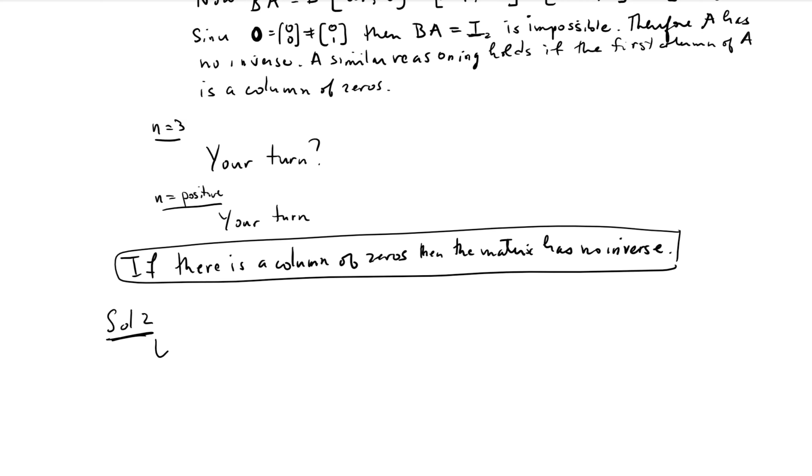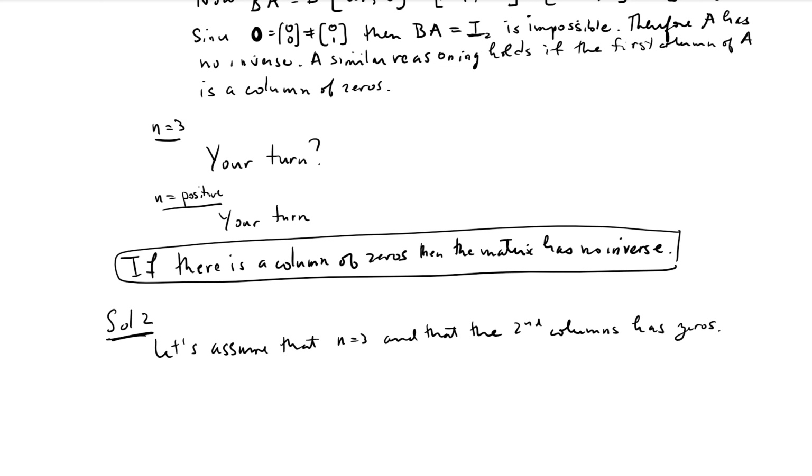Okay, so let's assume that n is 3 and that the second column has zeros.